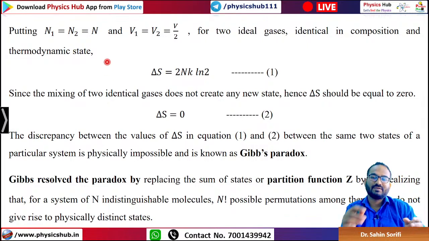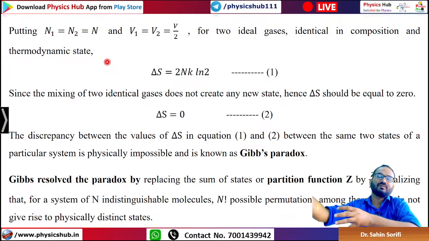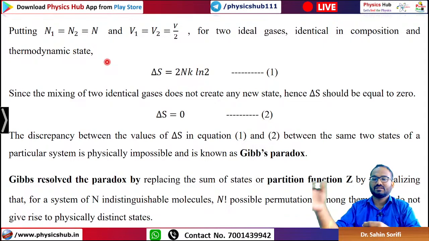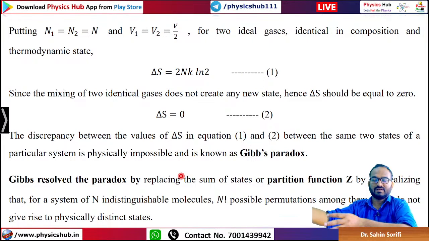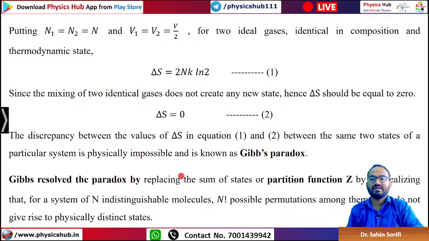So if you have, let us say, n number of distinguishable elements, then n factorial possible permutations will produce n factorial different arrangements. But if the n entities are all identical, indistinguishable from each other, then n factorial possible permutations will basically be one permutation.